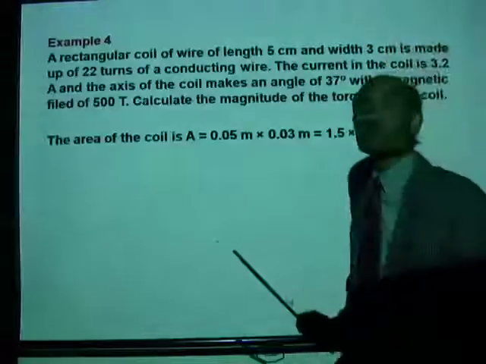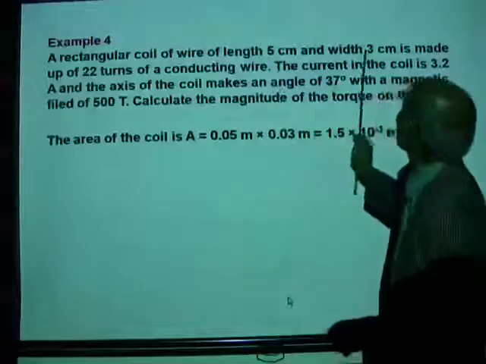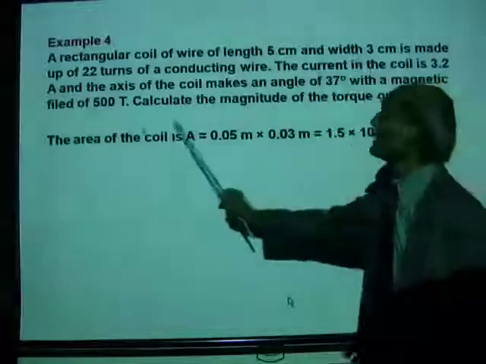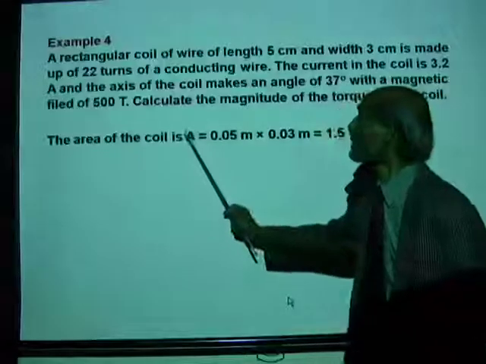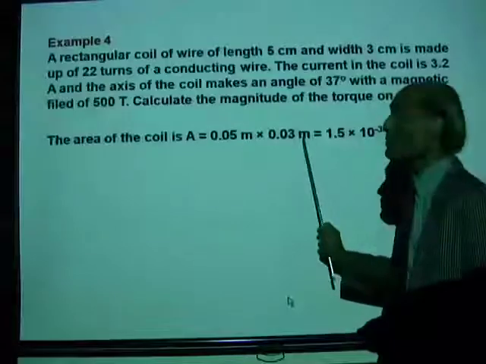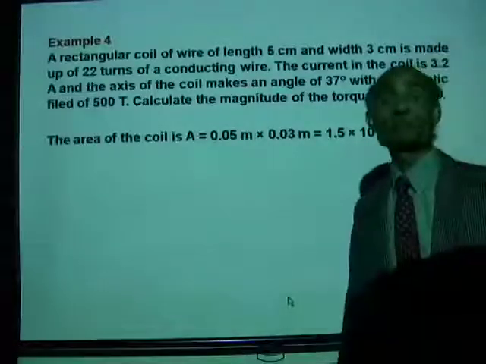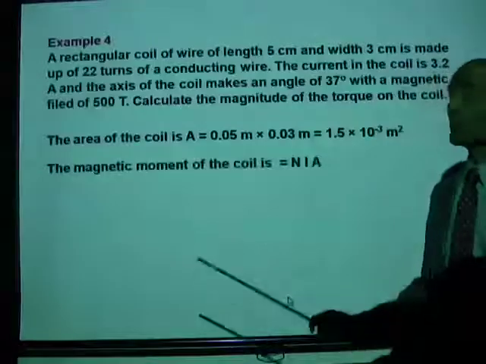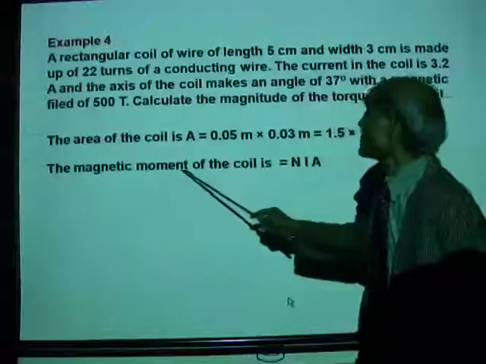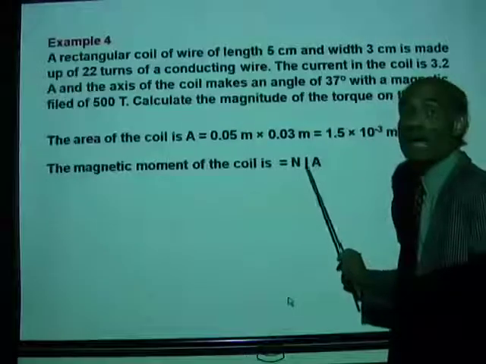Well, first we obtain the area of the coil. We know the length of the coil, we know the width of the coil. Therefore, the area of the coil, which is the uppercase A, is length multiplied by width, and that is 1.5 times 10 to the negative 3 meters squared. And the magnetic moment is therefore NIA. Is that right?